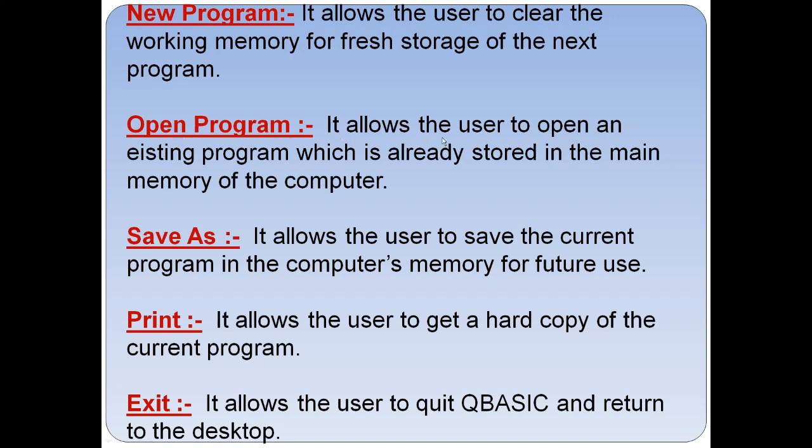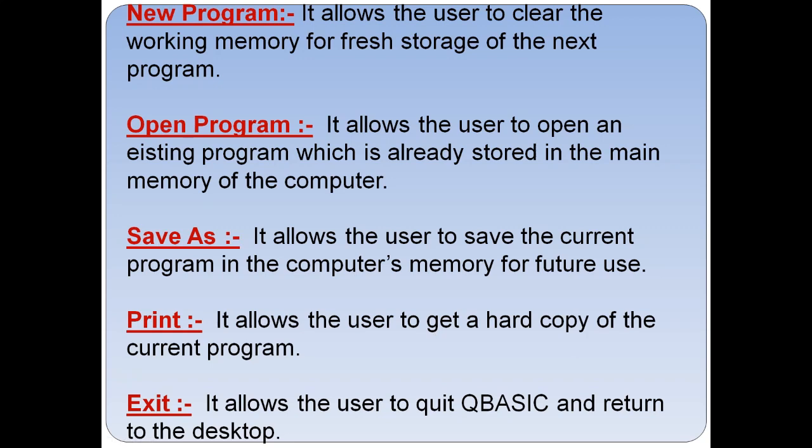Open Program allows the user to open an existing program which is already stored in the main memory of the computer. Save As allows the user to save the current program in the computer's memory for future use. Print allows the user to get a hard copy of the current program.